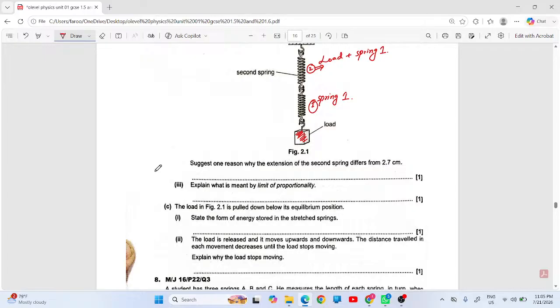So since it increases the overall weight, कहते हैं the weight of the first spring also increases the extension.